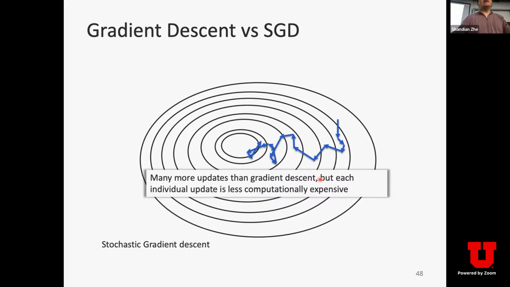As to the total number of updates to arrive at the function optimum, although SGD might take many more steps, if you count the total cost, it might still be cheaper than using full gradient descent. That's why stochastic gradient descent is always favored in the large data regime.